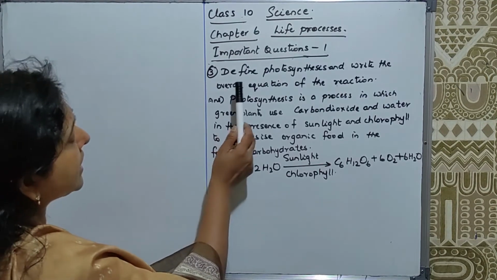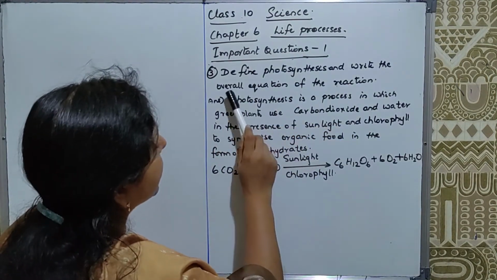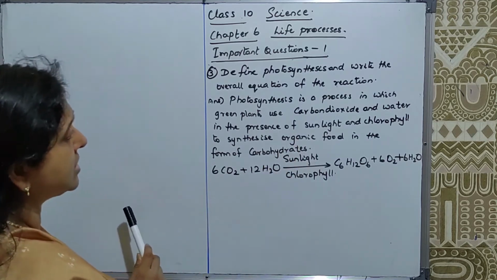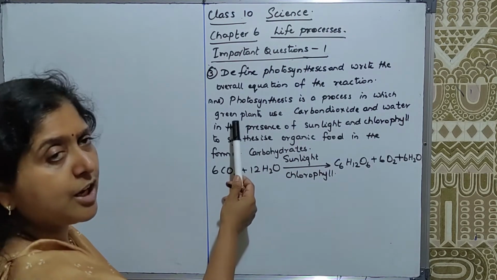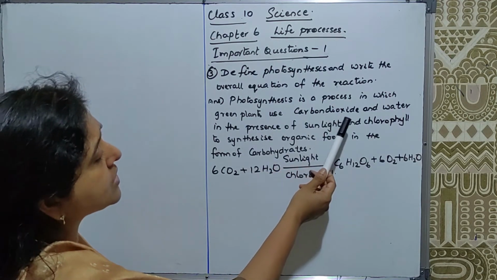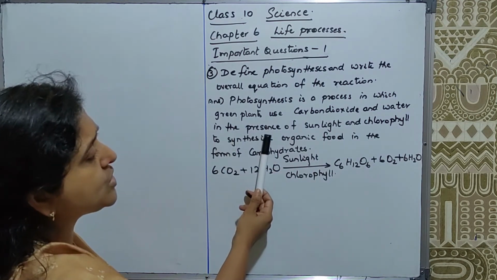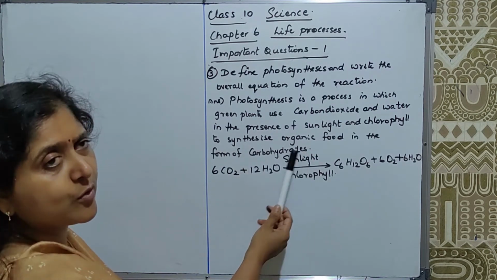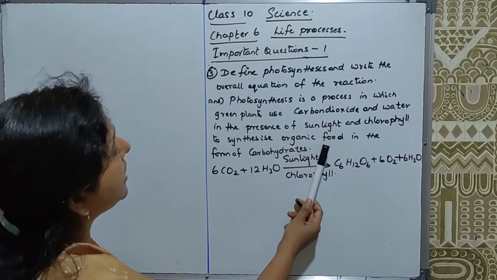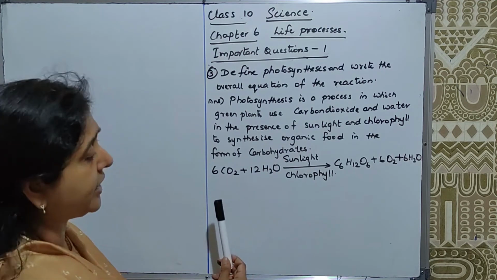Now question number 3, define photosynthesis and write the overall equation of the reaction. Photosynthesis is a process in which green plants use carbon dioxide and water in the presence of sunlight and chlorophyll to synthesize organic food, in the form of carbohydrates.